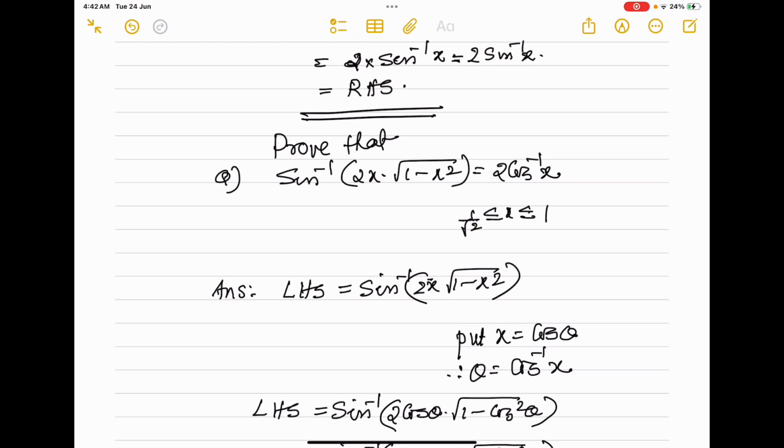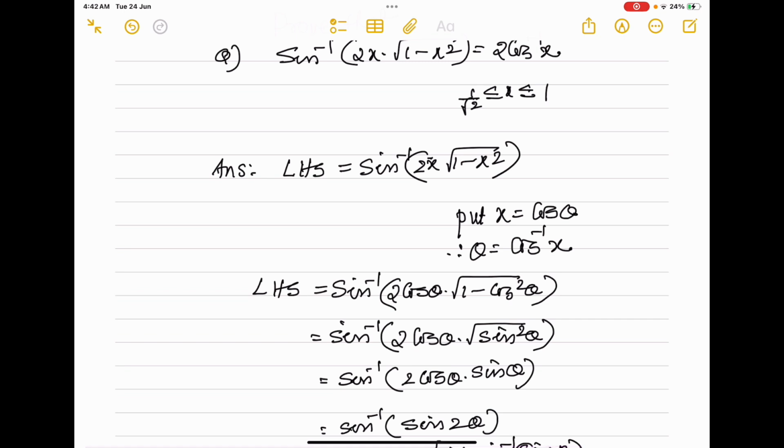Then LHS equals sin inverse of 2 cos theta root of 1 minus cos square theta. That's equal to sin inverse of 2 cos theta root of sin square theta, since 1 minus cos square theta equals sin square theta.